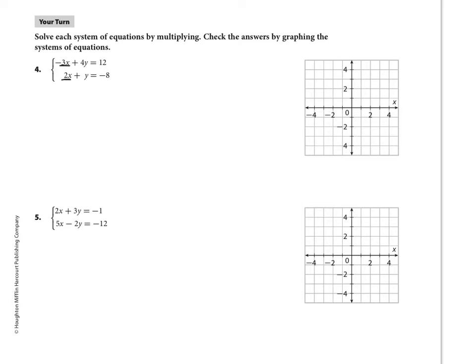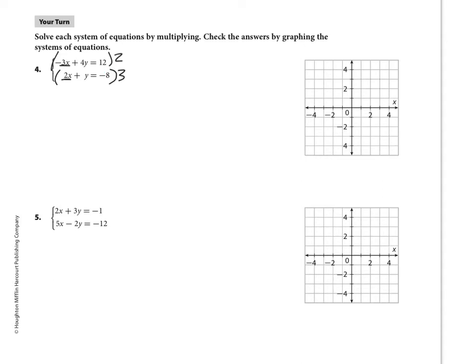I'm going to take the top equation and multiply it by 2. Why 2? Because 2 is the coefficient in the bottom equation. I'm going to take the bottom equation and multiply it by 3. Why 3? Because 3 was in the top equation. I don't worry about signs here because one's negative, one's positive. Now, if they were both positive, then I would have multiplied one of these by negative.